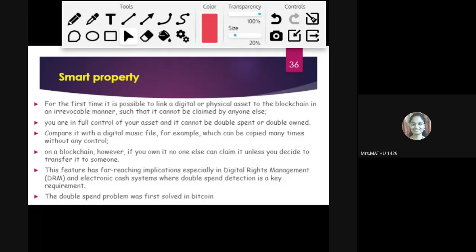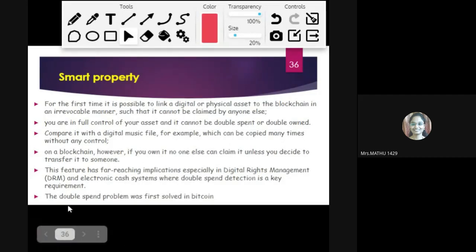Whatever digital asset you are transferring through blockchain cannot be claimed by anyone else, or double spent by you yourself. This is the main important property of this blockchain.